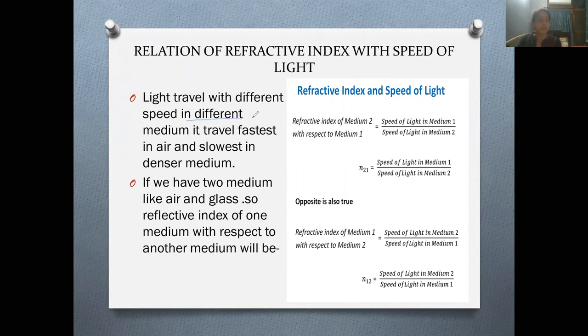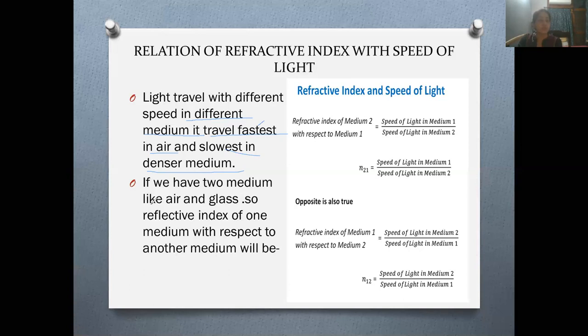That's why the speed of light is different in different media. It travels fastest in air and slowest in the denser medium, like diamond. The light speed becomes slowest in the diamond.